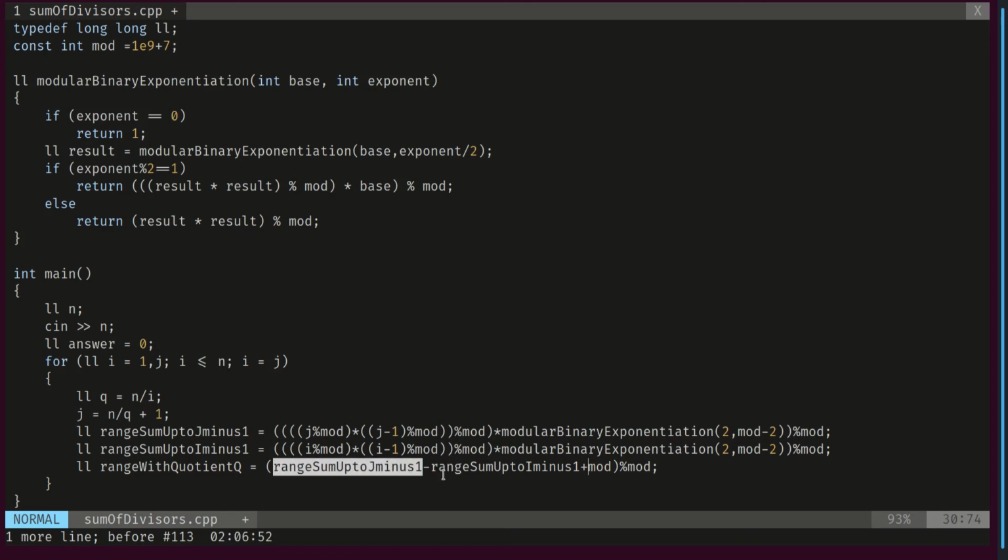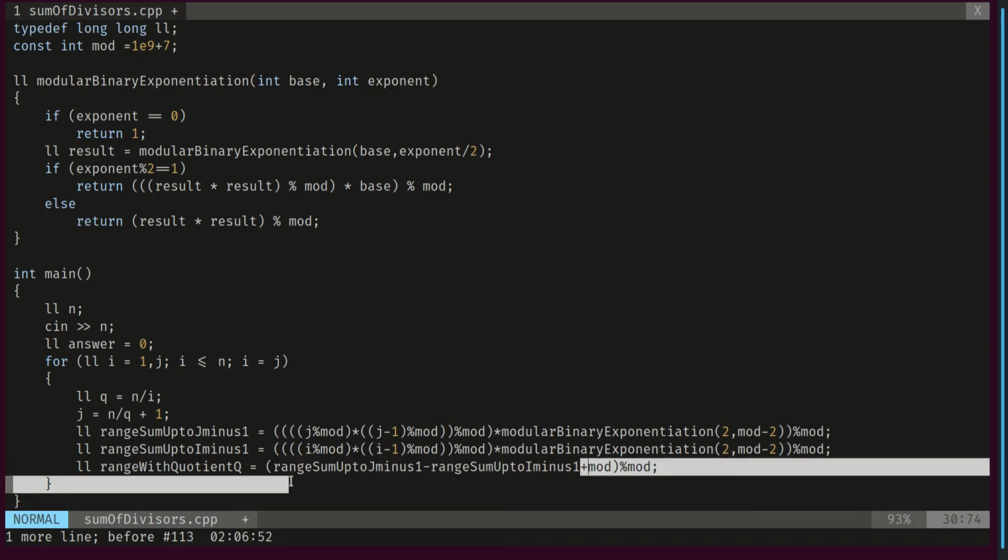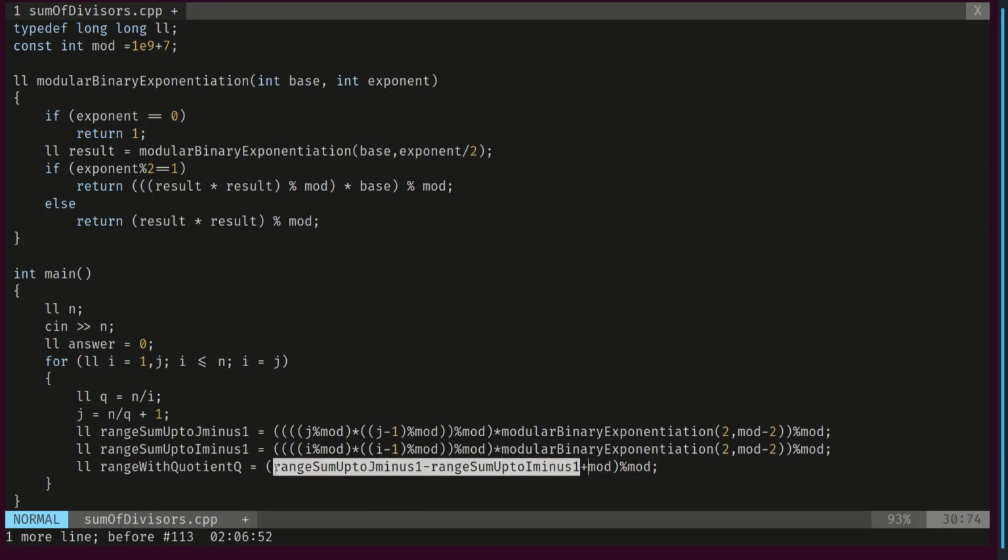And when we take the difference, this is gonna be a negative number. And our answer needs to always be between 0 and mod minus 1. But if we just leave it like that, it's gonna be a negative number and it's not gonna be between 0 and mod minus 1. And that's precisely why we add mod to it, so it becomes in the range 0 to mod minus 1. And then we just perform the mod again.